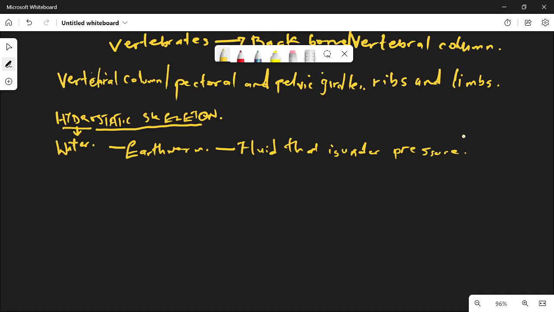So let's dive straight into the forms of skeleton that we have, talking about the endoskeleton now.